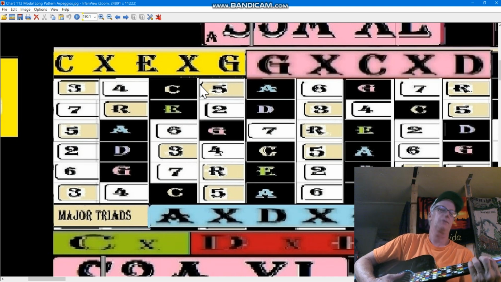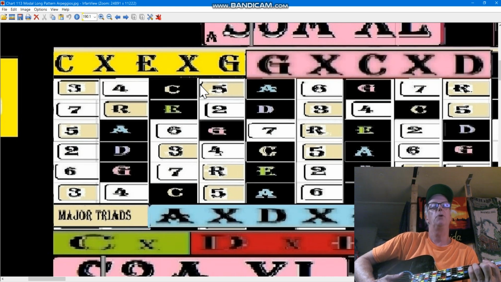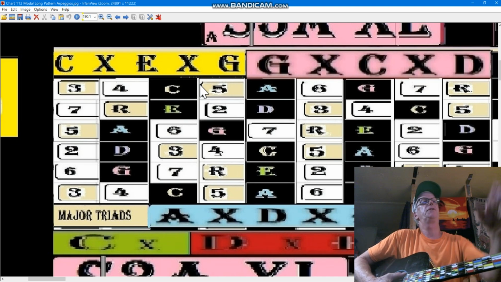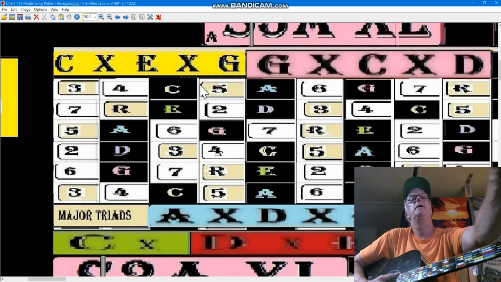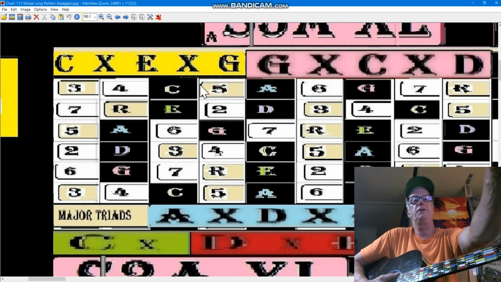Okay, and that's your F. But we don't want to play that F diatonically, because then you'll be doing this. And that's not what it is. It's the F Lydian. The Lydian fourth. And similarly, the G is going to be the dominant Mixolydian G.